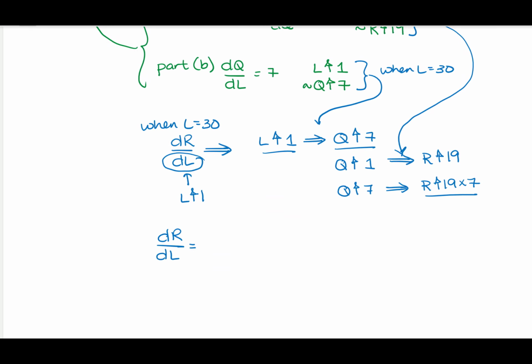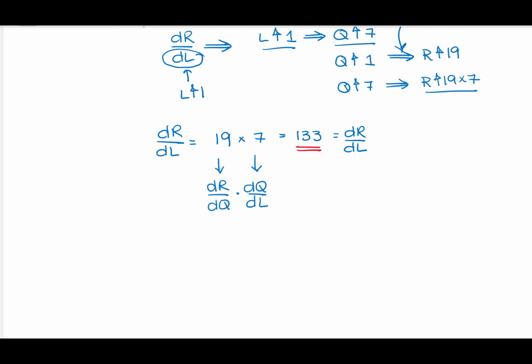So dR/dL is going to be equal to 19, that is our dR/dQ, times 7, which is our dQ/dL. And that will give us 133. So that is going to be our dR/dL. This is when L is equal to 30.